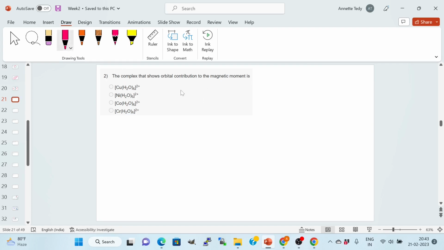So here the copper, as we just solved, is in +2 state, and in +2 state copper has d9, and water is a weak field ligand, and we are dealing with octahedral complexes. So T2G 6, EG 3, 4, 5, 6, 7, 8, 9.